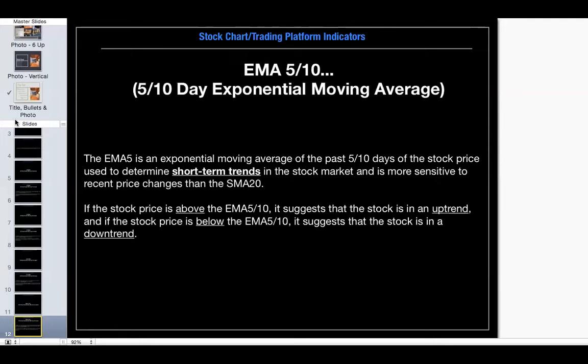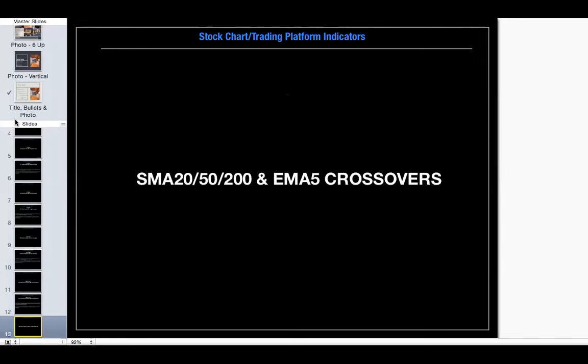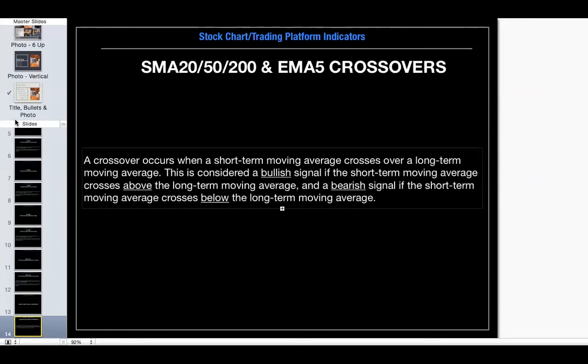And if the stock price is above the EMA 5 or the 10, whatever number you choose, it suggests that the stock is in an uptrend. And if it's below, same thing, it's in a downtrend, right? That being said, with the SMAs and the EMA 5 or EMA 10 crossovers, whatever it is, this occurs when the short-term moving average crosses over the long-term moving average.